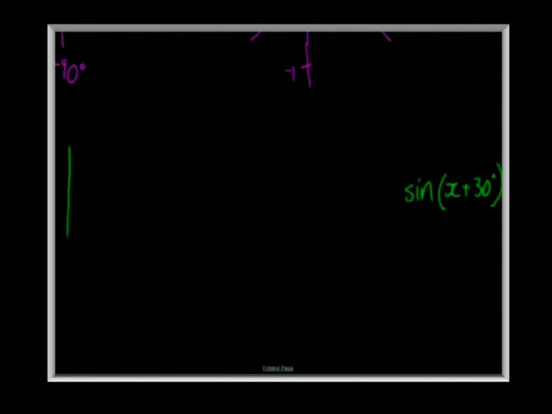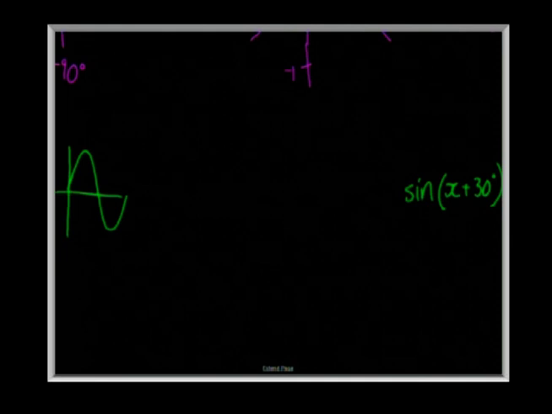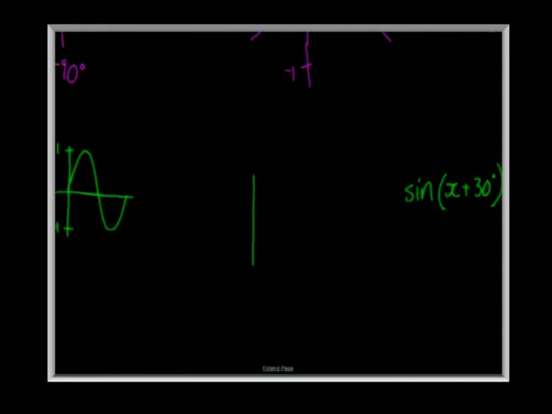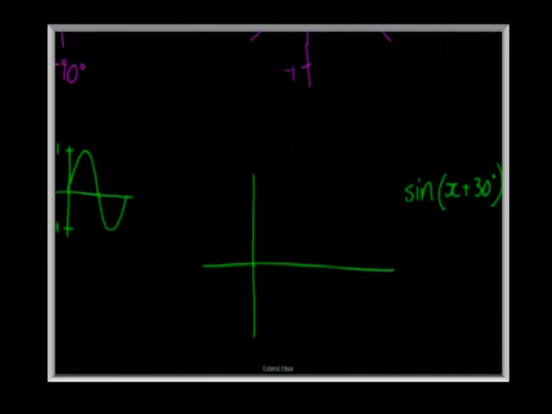Our usual sine function starts at 0, goes up to 1, and goes back down and up again. This sine function will not start at 0. It's going to start 30 degrees further back. So if we draw a set of axes over here, instead of starting at 0, it's going to start at -30 degrees.